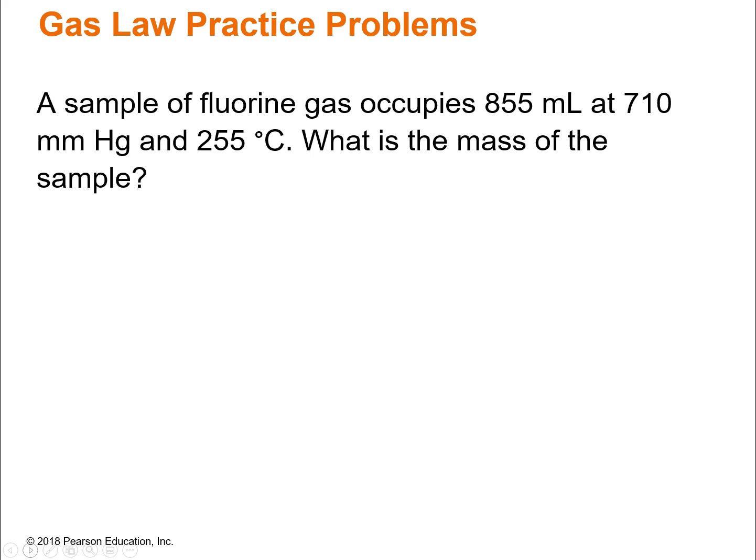Next question. We've got a sample of fluorine gas and it occupies 855 milliliters at 710 millimeters of mercury and 255 degrees Celsius. We need to figure out what the mass of the sample is. Anytime we're dealing with mass, that means we're trying to figure out the number of grams.